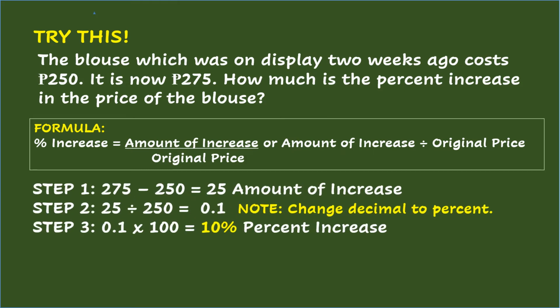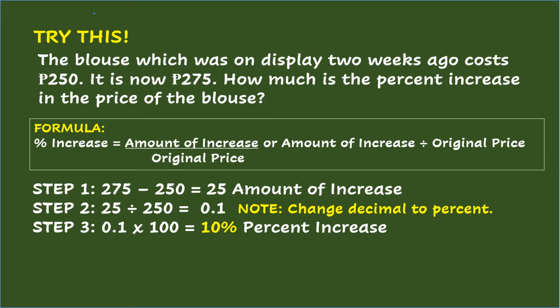Step 1 is to get first the amount of increase, so that's 275, which is the increased price, minus 250, which is the original price, equals 25 pesos as the amount of increase.